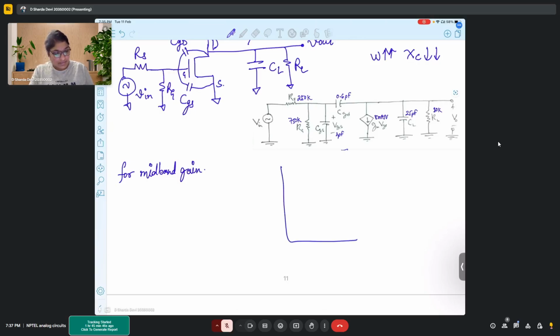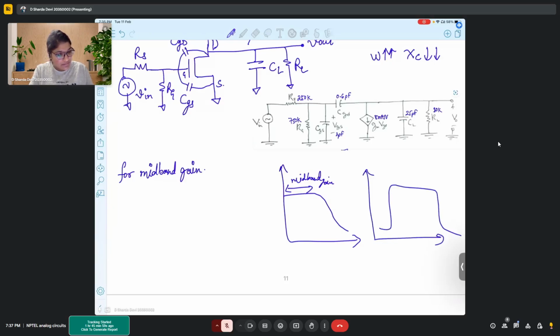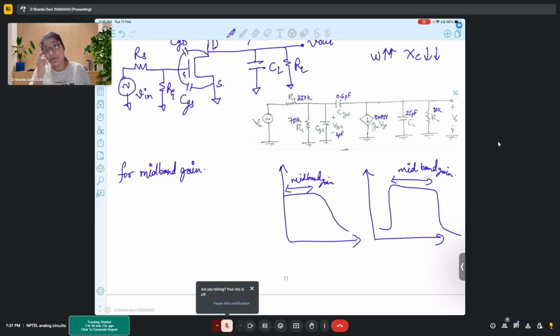So let's say if I have this kind of response, then this is my midband gain. It is basically a constant gain for a certain range of frequencies, and it's not continuously changing with frequencies.